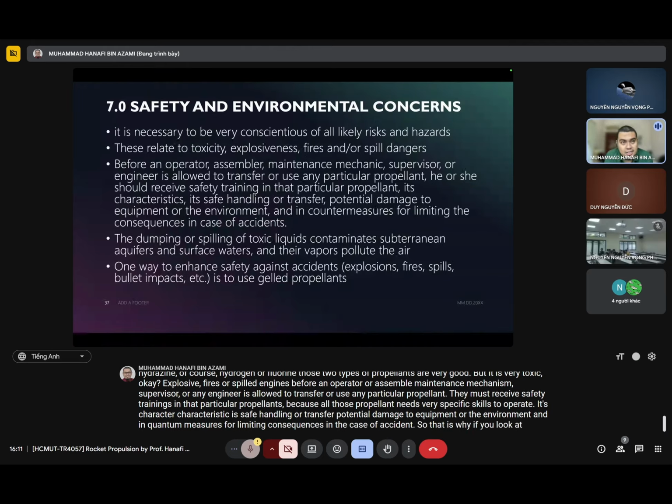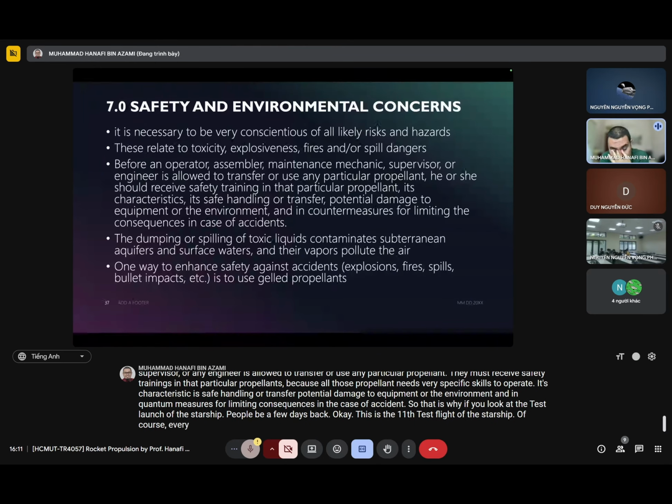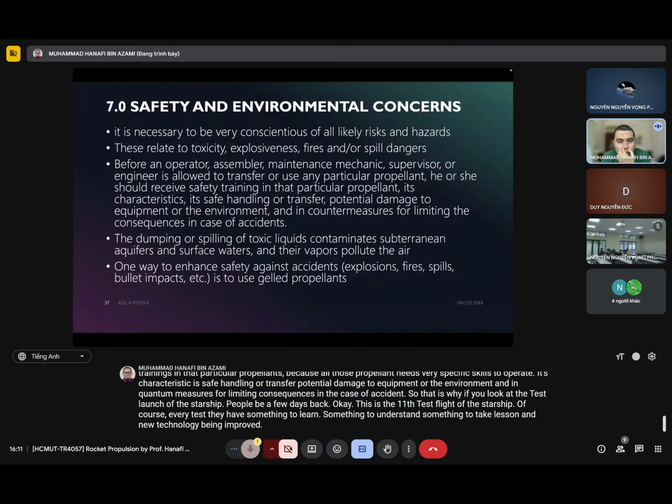So that is why, if you look at the test launch of the Starship a few days back, this is the 11th test flight of the Starship. Of course, every test they have something to learn, something to understand, lessons to take, and new technology being improved.